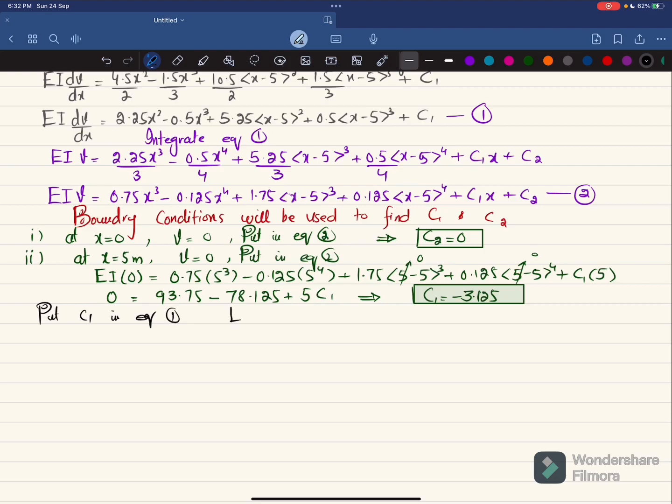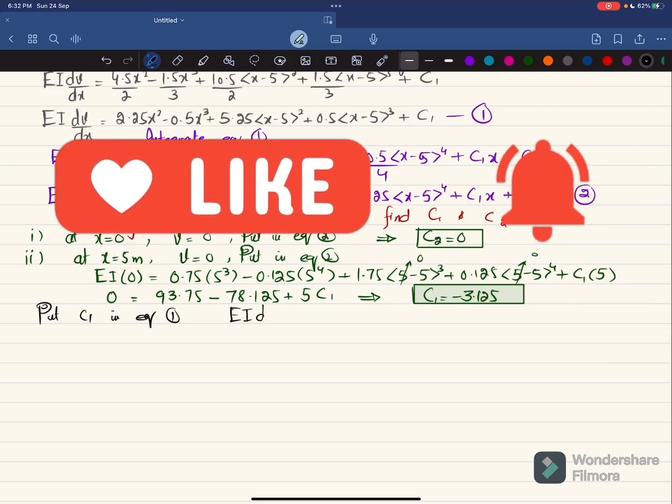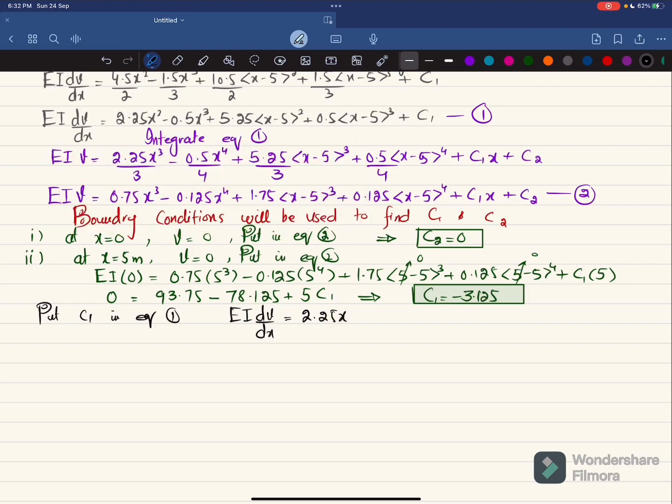You will get EI into dV over dx will be equal to 2.25 x square minus 0.5 x cube plus 5.25 into x minus 5 square plus 0.5 into x minus 5 cube plus C1. C1 is minus 3.125.